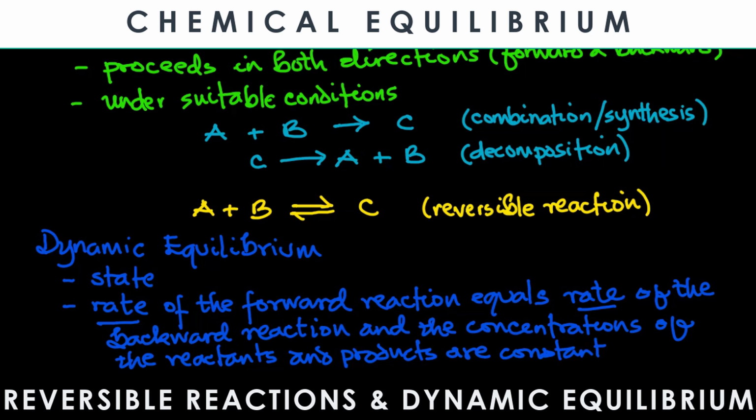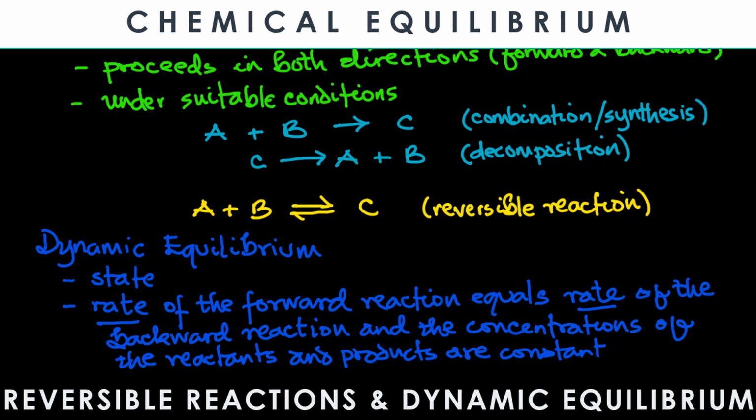There's no change in the concentration of the reactants and products at dynamic equilibrium. Now, take note that no change in the concentrations of the reactants and products does not mean that they are equal. They can be equal, they may not be equal. It's not a must. Remember, we said equilibrium is the state of a system in which there is no observable or appreciable change in the properties of the system over a period of time.